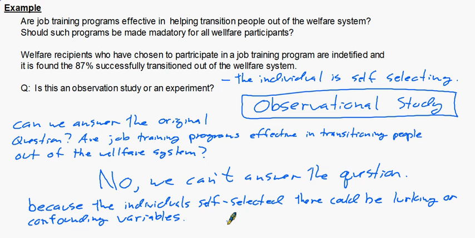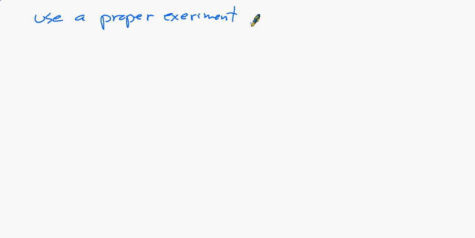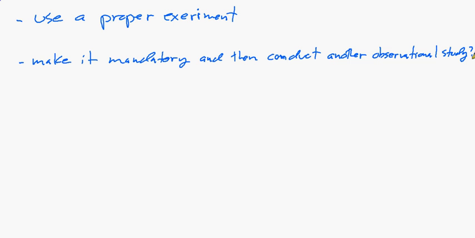There are really only two ways I think we could go about answering this question. Use a proper experiment, which we have not really talked about and is going to be a subject for a later video, or I suppose we could make it mandatory for everybody and then conduct another observational study afterwards to evaluate its effectiveness. The problem with this is it is expensive.